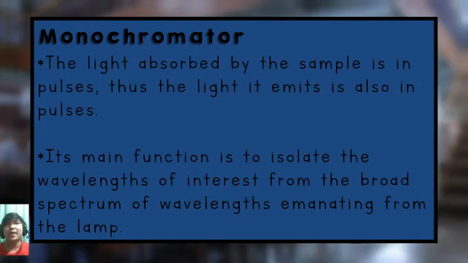Monochromator: the light absorbed by the sample is in pulses, thus the light it emits is also in pulses. Its main function is to isolate the wavelength of interest from the broad spectrum of wavelengths emanating from the hollow lamp.